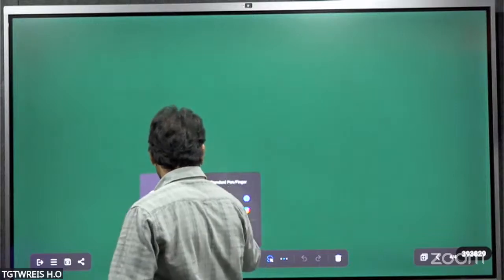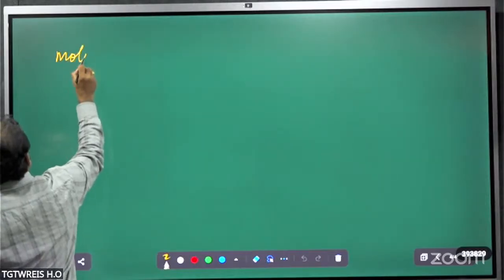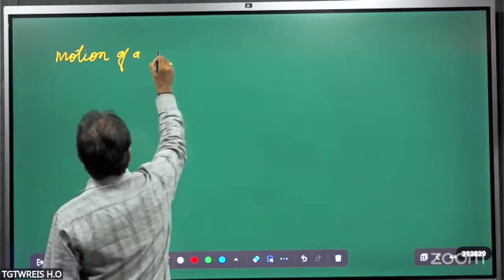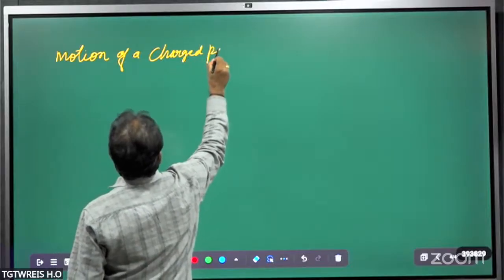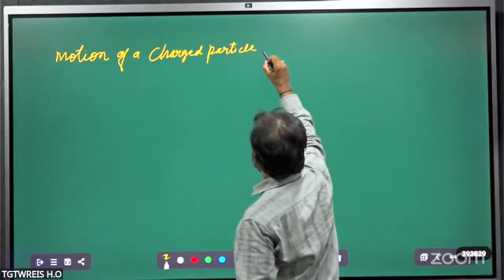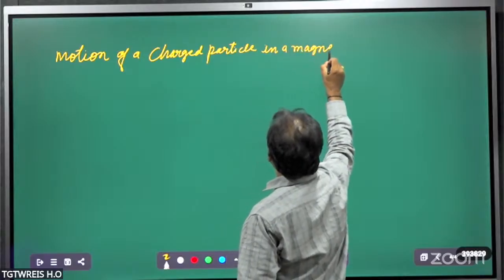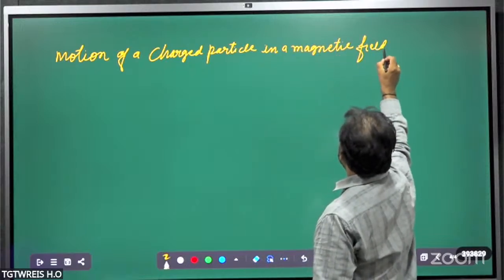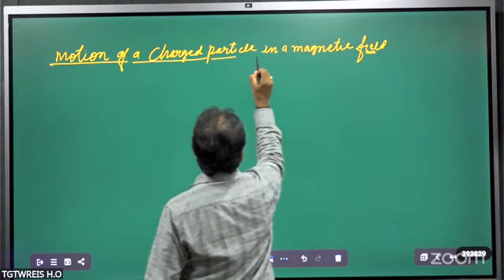Motion of a charged particle in a magnetic field.